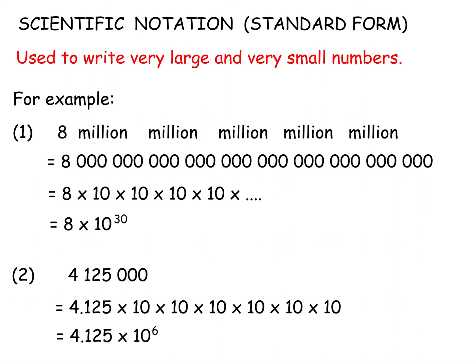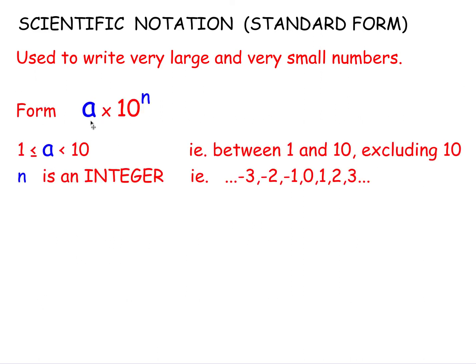Now when you write a number in scientific notation, you'll go straight from the first line to the last line. This is just to introduce the concept with the multiplication by 10 6 times. So in general, scientific notation or standard form is this form: a times 10 to the power n. a has to be a number between 1 and 10, but not including 10. There's no bar on the inequality here.